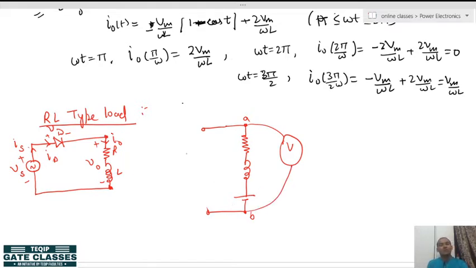Now some kind of current is flowing through this circuit, I don't know what kind, but some current is flowing. Let's connect this circuit here also.